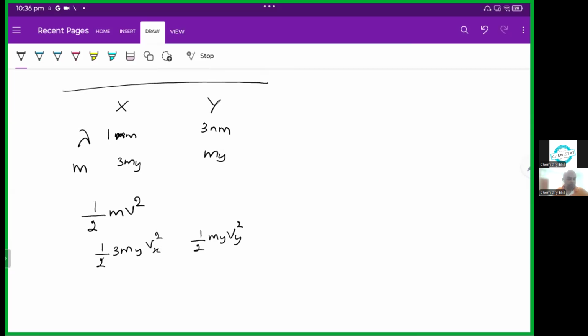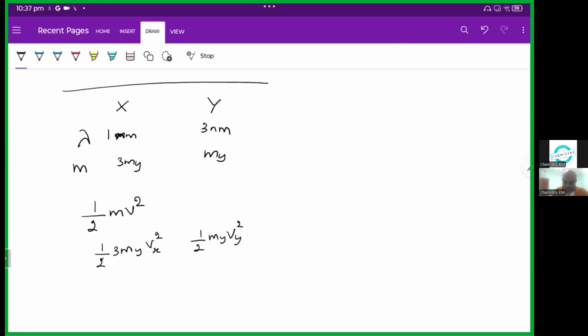If it is a particle, I'm just checking what is the question number of this one. The question number of 2024 is, yeah, this one. This is the fourth question.